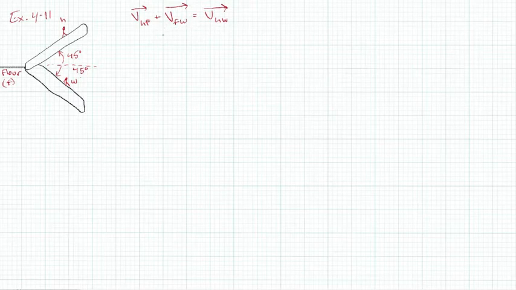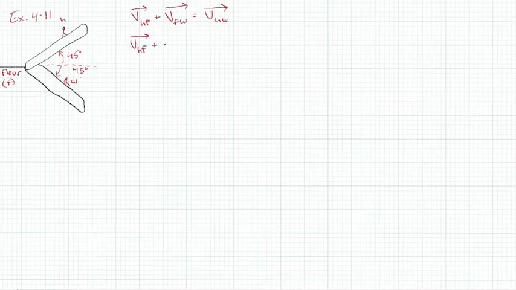So if you recall from class how we can change this around to make it make a little more sense, we can write it like this. Velocity of the husband, H, husband to the floor. And how do we turn this around? Well, if we say the velocity of the wife with respect to the floor as well, we can certainly do that, but we have to change the sign out front.